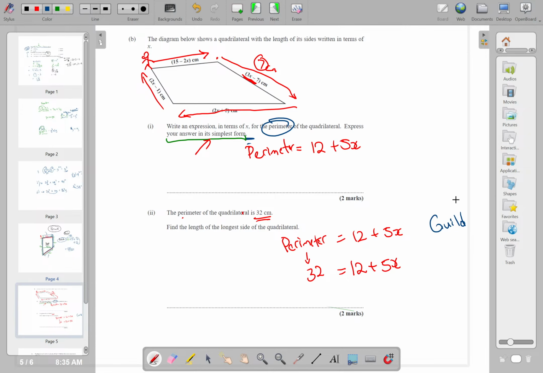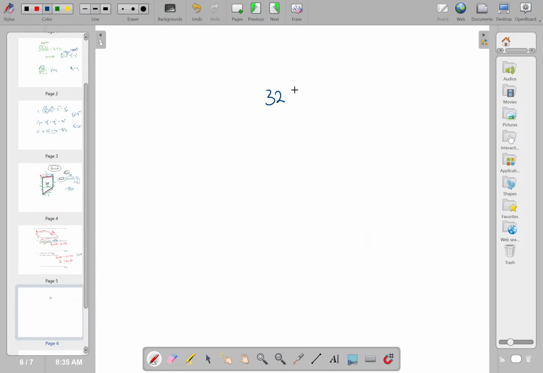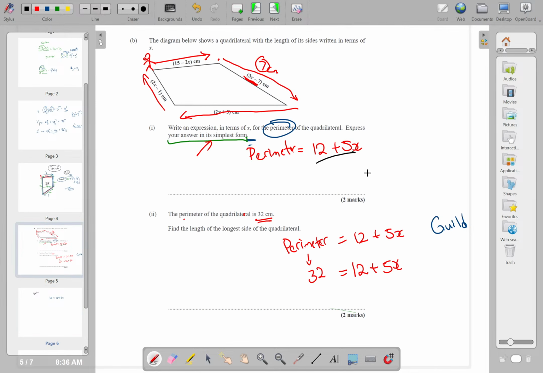Now, to solve equations, let's go into another page. So we have 32 equals 12 plus 5x. Now this is testing everybody: can you solve an equation? What we were talking about before was simplifying expressions, where we're combining them.